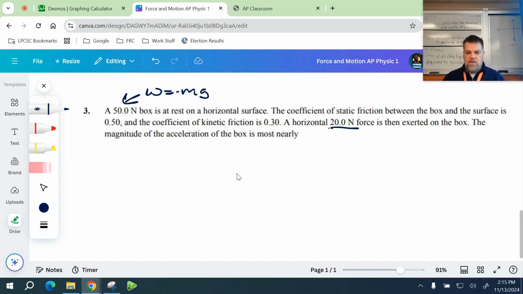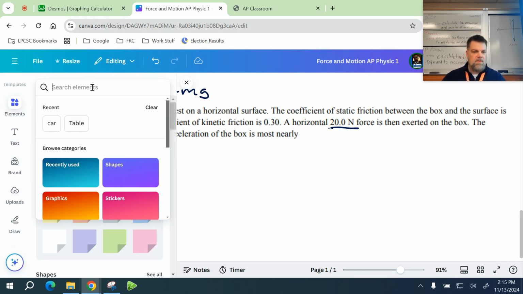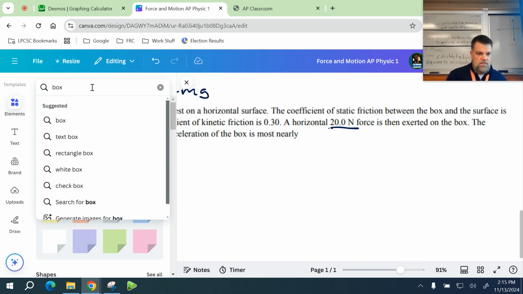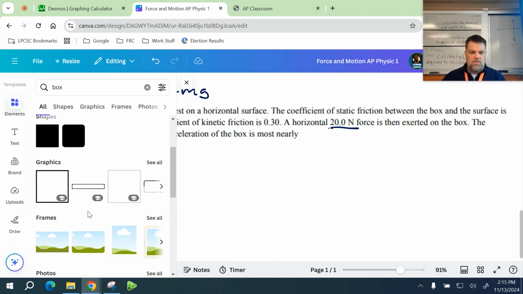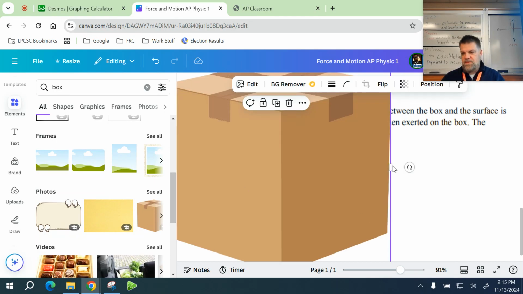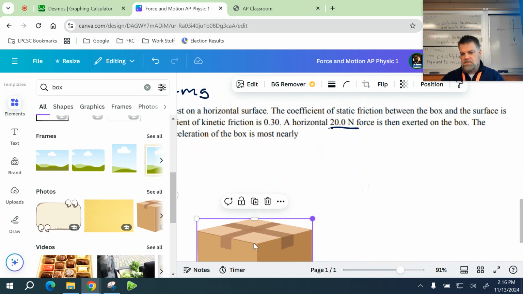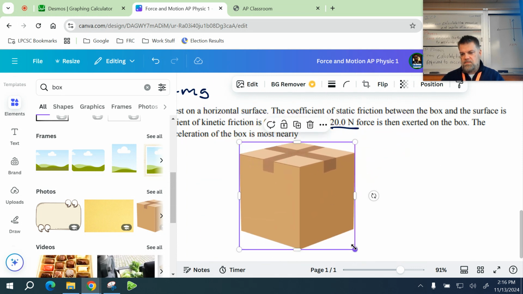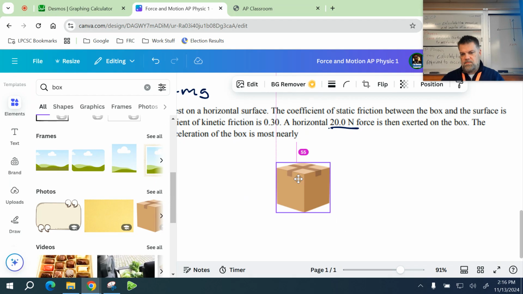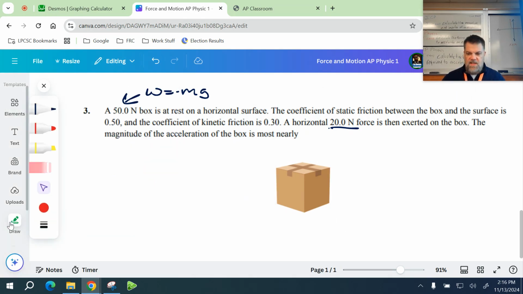All right, so let's draw the picture. So I've got, we're going to get fancy, you guys. No, it's not that fancy. Here we go. Good thing I took all that time writing that down.